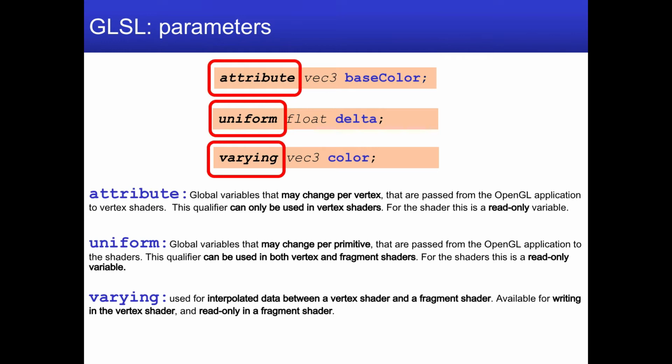And then you have varying, right? Varying are a sort of variables that you can define to exchange values between the vertex shaders and the fragment shaders. So, for example, let's say you define in the vertex shaders one color for each vertex.